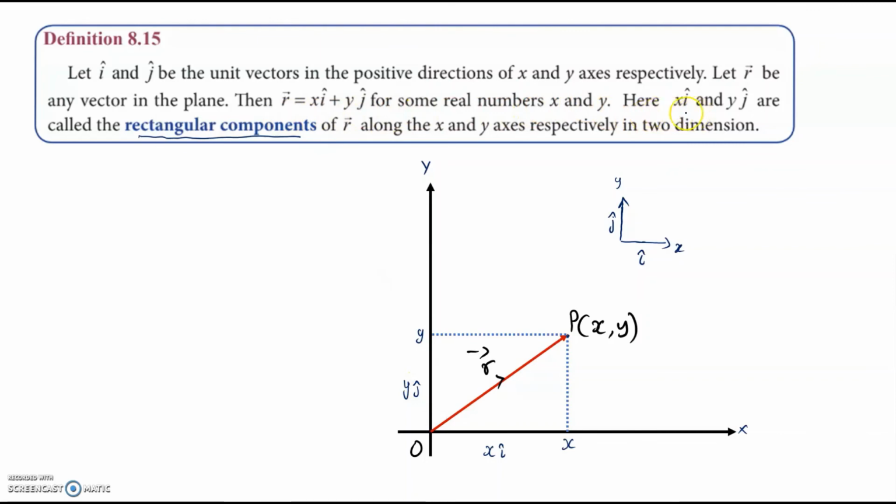Then here x i cap and y j cap are called the rectangular components of our vector along the x and y axis respectively in two dimensions.